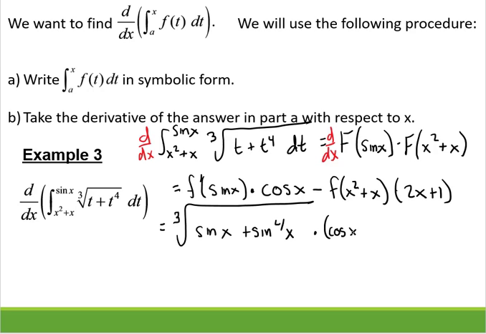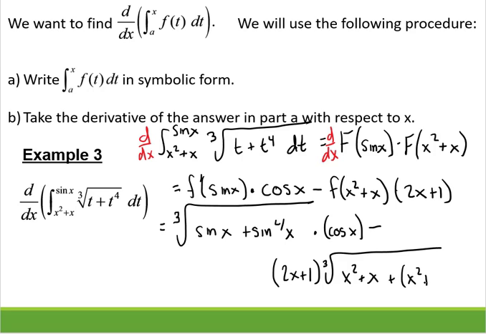It's not dividing, I just ran out of space. My 2x plus 1, I'm going to put that in front. And the cube root of x squared plus x, substituting that in for that t, plus x squared plus x to the fourth power.